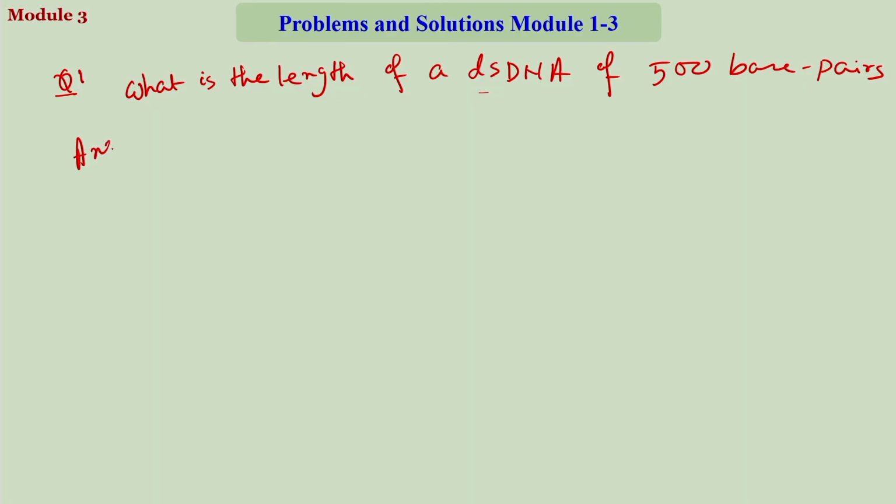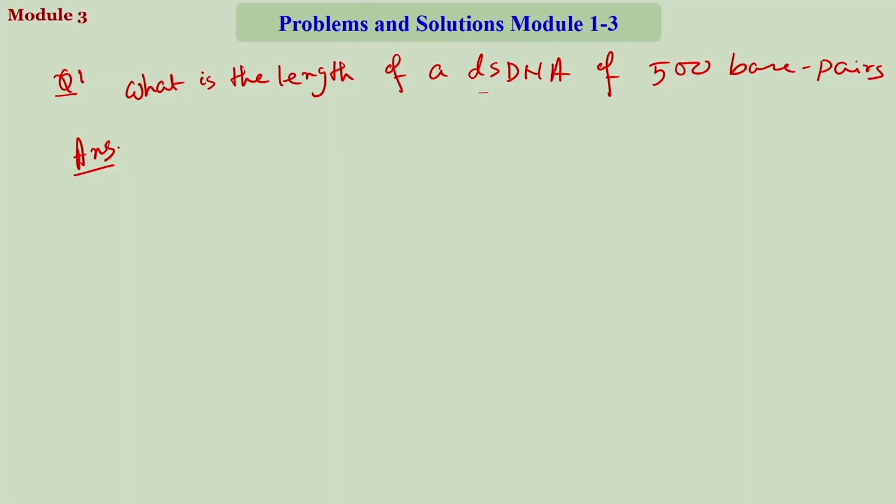This is a very easy problem, you can solve it very quickly. The distance between 2 nucleobases in a given DNA, if this is base 1 and this is base 2, is, as we know, around 3.4 angstrom.